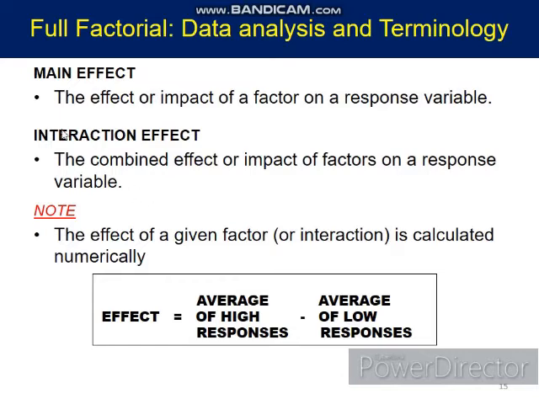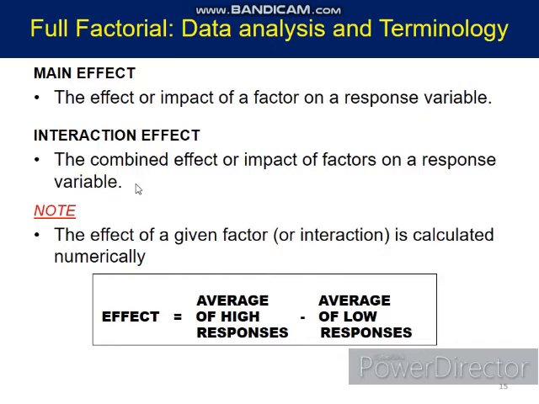When you talk about the interaction effect, right? Interaction effect is the combined effect or impact of factors on the response variable. So when you do the analysis and you look at interaction effect, it is basically a combination of the effect or impact of the factors on the response variable.